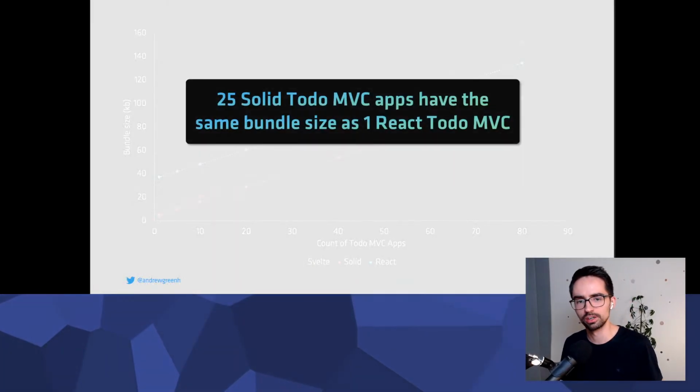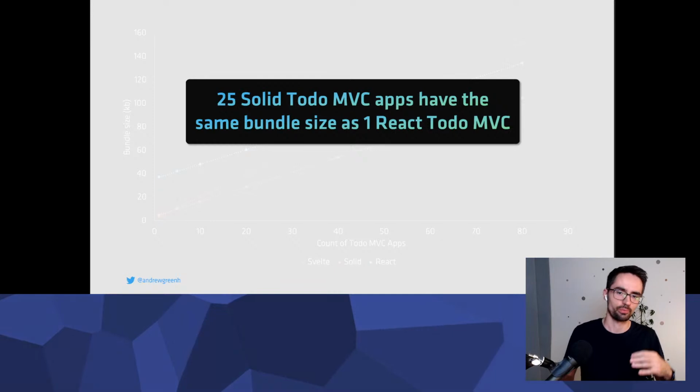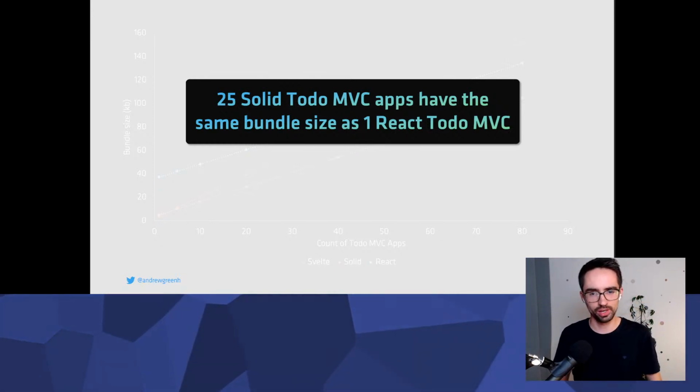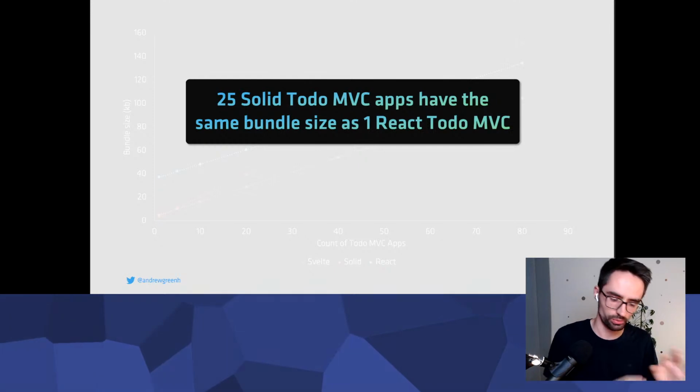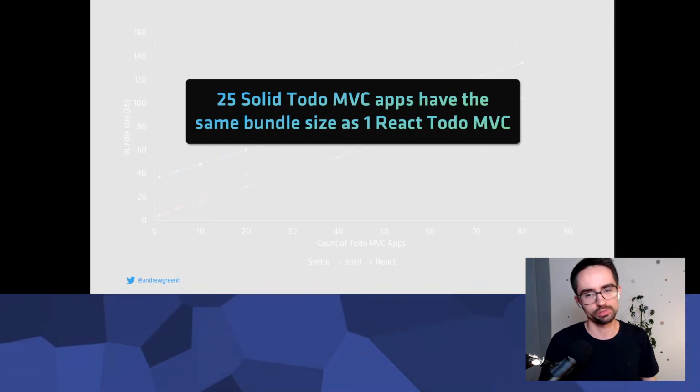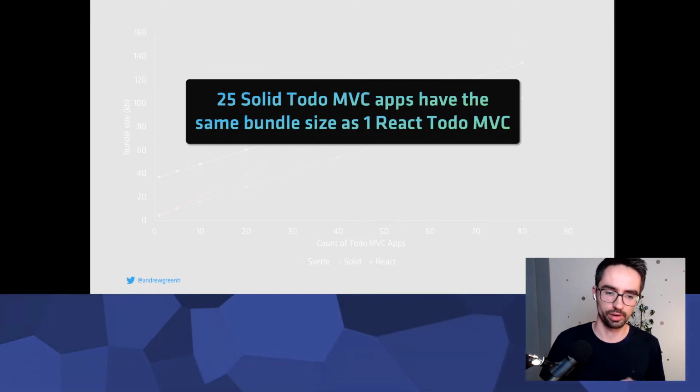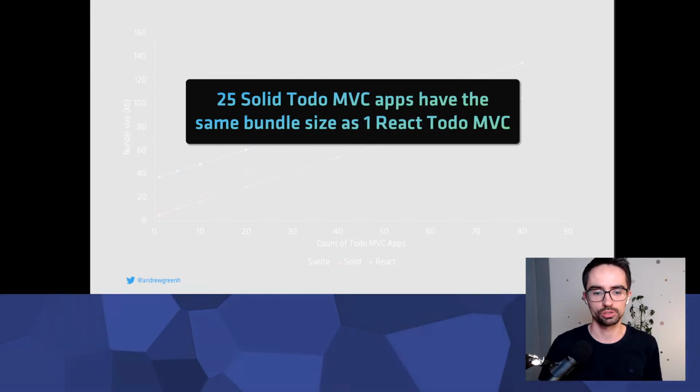Just to make this more palpable, you can build 25 Solid to-do applications with the same bundle size as you would have needed for one React to-do application. So when you're building an application with only small parts of interactivity, you have so much more headroom when you're picking a framework with a very low library bundle size instead of a framework that has a larger bundle size to begin with.